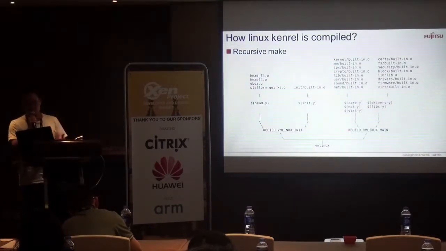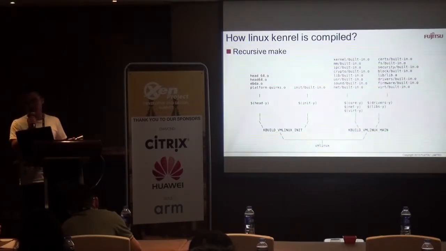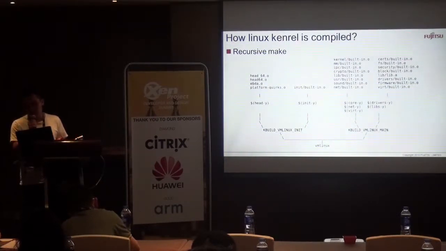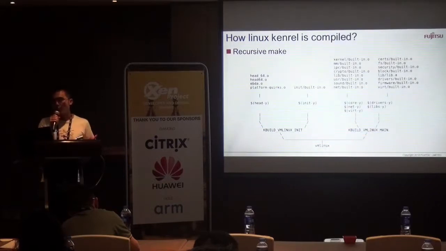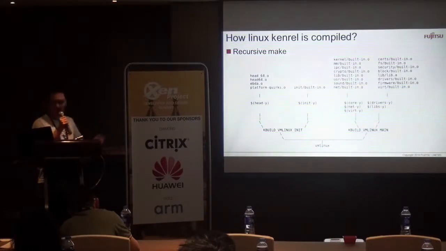This approach is called recursive make, because the top-level makefile invokes make recursively on each component's makefile. Recursive make is a common technique for handling component-wise builds. So does the Linux kernel.